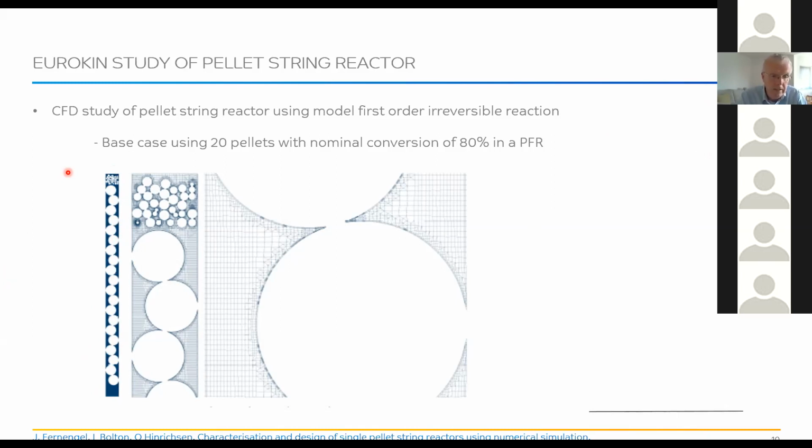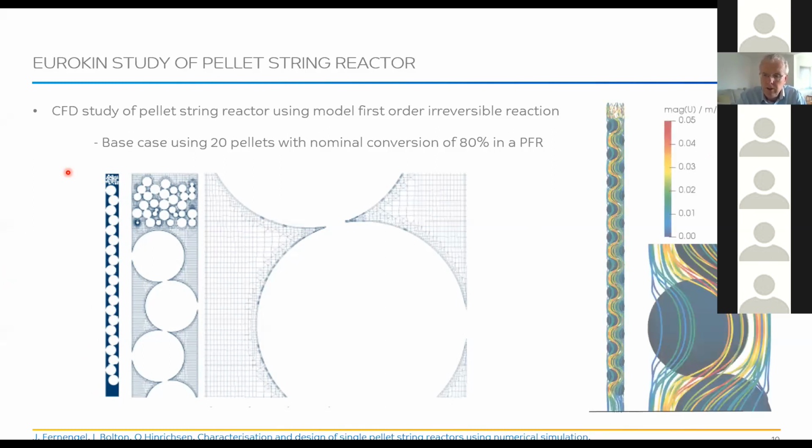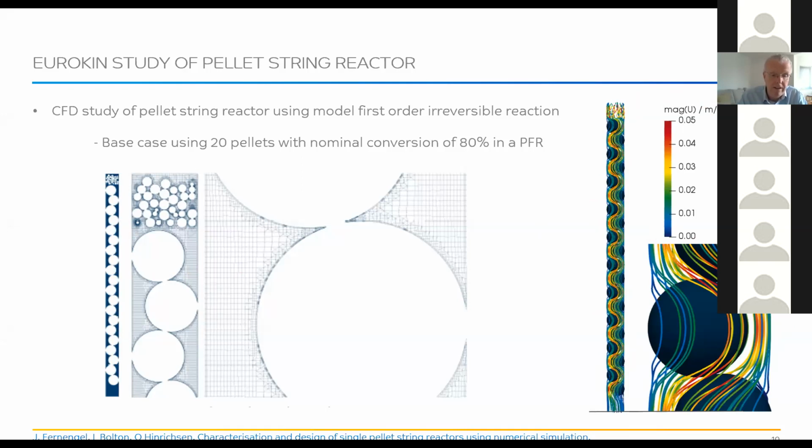As I say, they did CFD modeling, so they could look at, for example, velocity profiles through the bed. What you can see from the picture here is that the flow moves around the particles as it descends through the reactor. And there's a zoom in here, so you can see the velocity profiles around the particles.